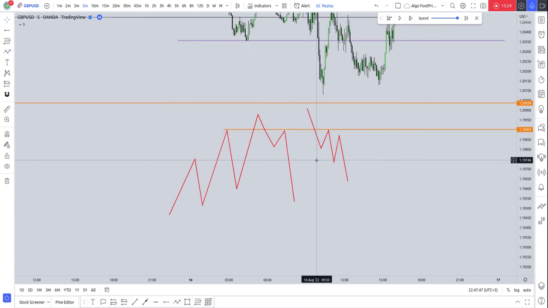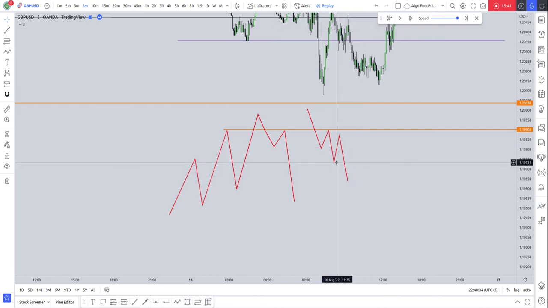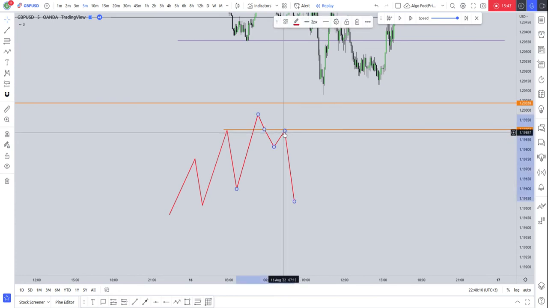All right, so this is what you're going to find on the lower time frame. So we break this structure, price does a retest on the lower time frame, M5, M1, M15, M2. This is what you're going to find. You may not see it on the higher time frame like M30, H1 that there was a retest, but if you go to the lower time frame, you will find that there was a break in market structure here.